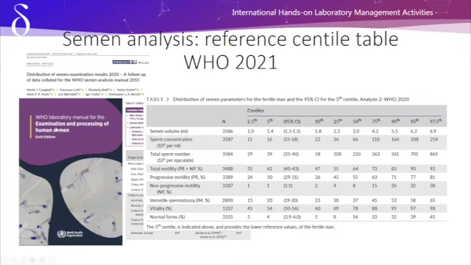Until the previous laboratory manual from the World Health Organization that was published in 2010, it was decided to utilize the 5th percentile of a similar table that was published in 2010 together with the manual.